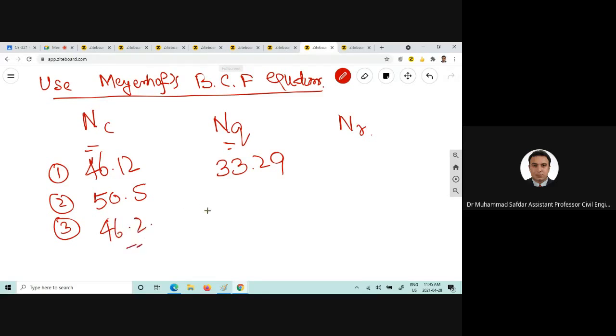Nq is equal to 33.3. And N gamma is equal to 37.14. Okay. Sir, N gamma is equal to 37.2.